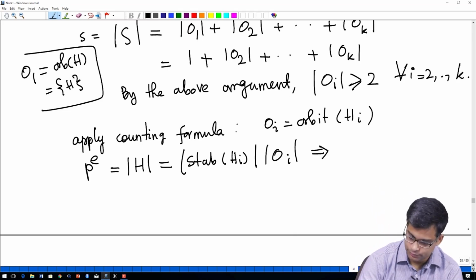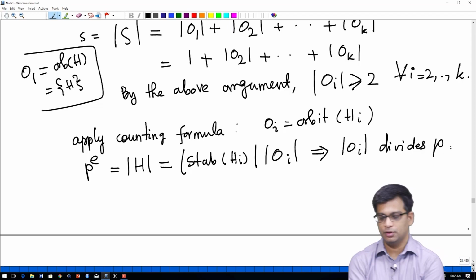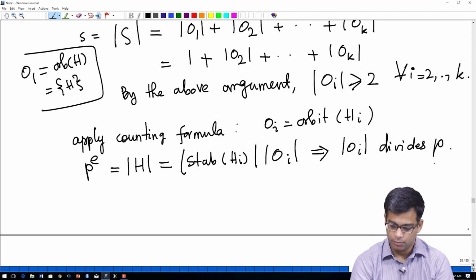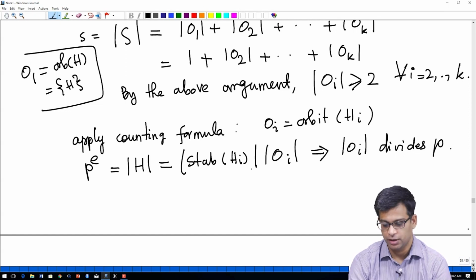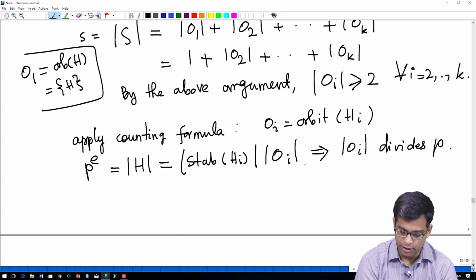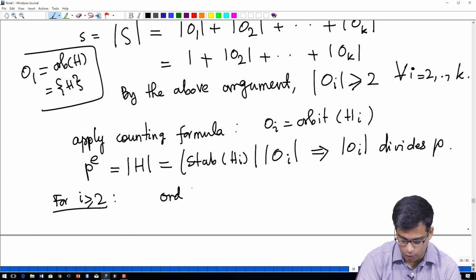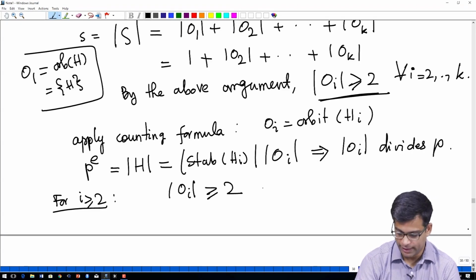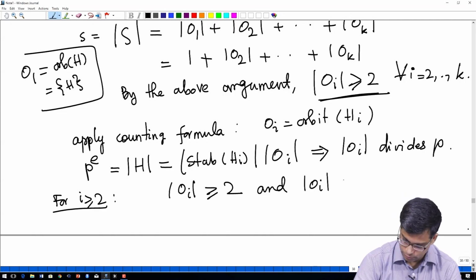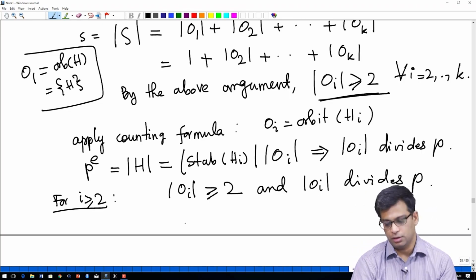So this means the order of O_i divides p. This is great, because p^e is the stabilizer of H_i times the order of O_i. So the order of O_i divides p, but for i at least 2 we have two facts: the order of O_i is at least 2 by this argument, and it also divides p. So it can't be 1. So they are all at least 2.